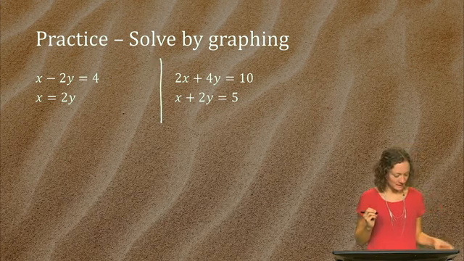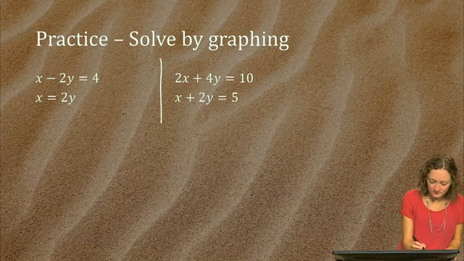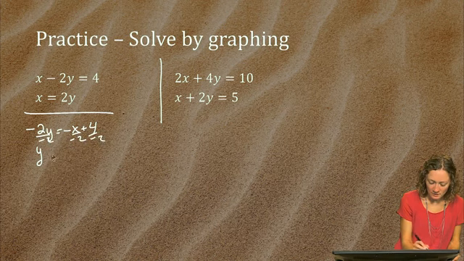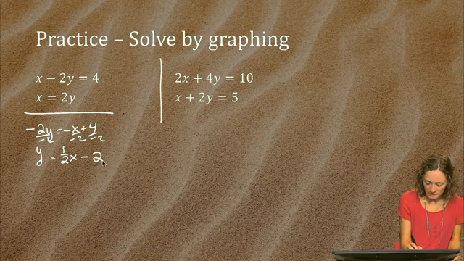All right, so let's see if we get the same thing. The first one, we solve for y. We have negative 2y equals negative x plus 4. Divide everything by negative 2. We get y equals 1/2 x minus 2. And the other one, all we need to do is divide by 2.